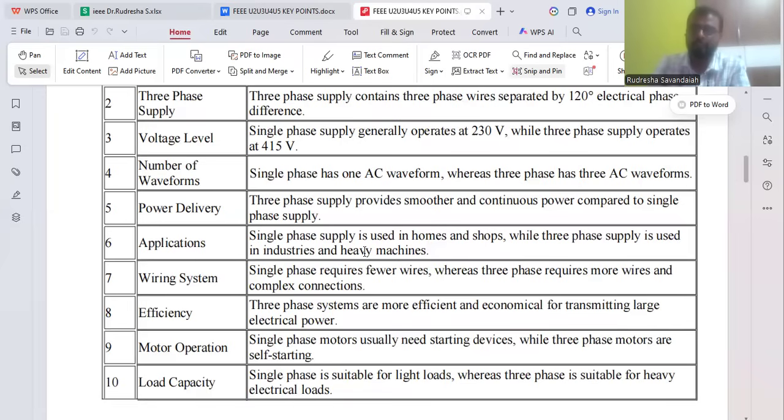Efficiency: three phase systems are more efficient and economical for transmitting large electrical power.